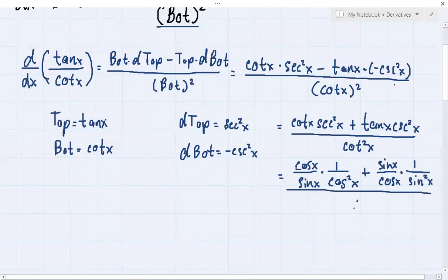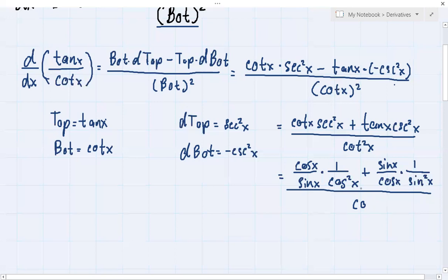Then, let's copy yung baba, si cotangent squared of x. Or actually, to be honest, you can convert cotangent squared of x as cosine squared of x all over sine squared x, if you like. Okay? But for simplicity, wag na lang. Okay, para sa akin. But, you know what? It would be better kung isulat ko na lang siya ganyan, no?